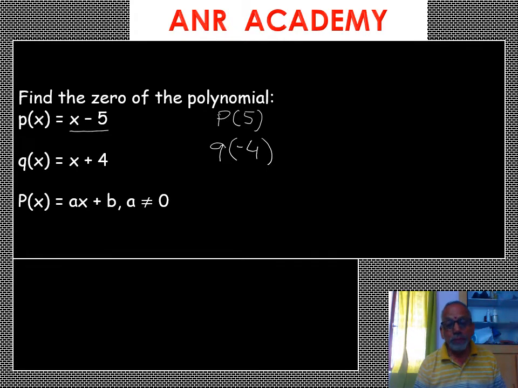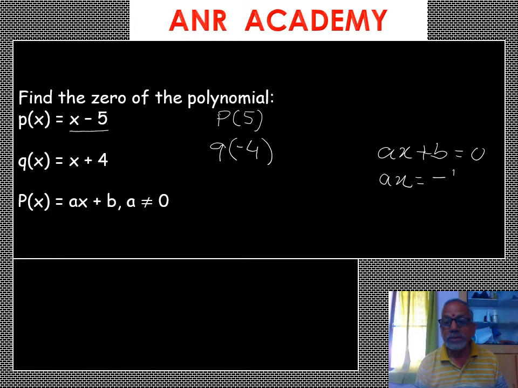Here you see, P of x is equal to ax plus b, where a is not equal to 0. Just think why that a should not be equal to 0. Clear? So here ax plus b should be equal to 0, or ax is equal to minus b.